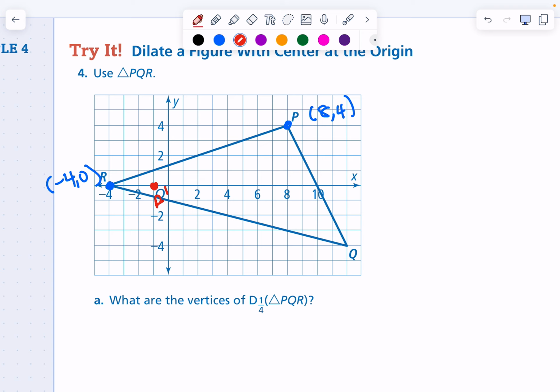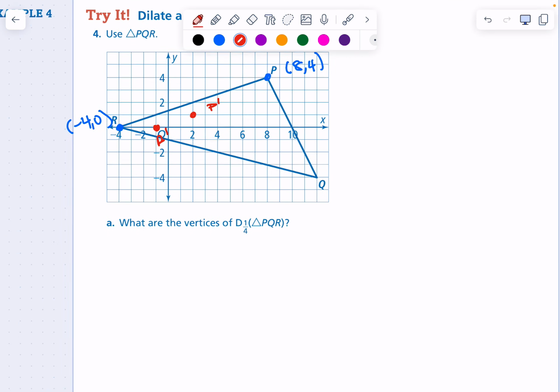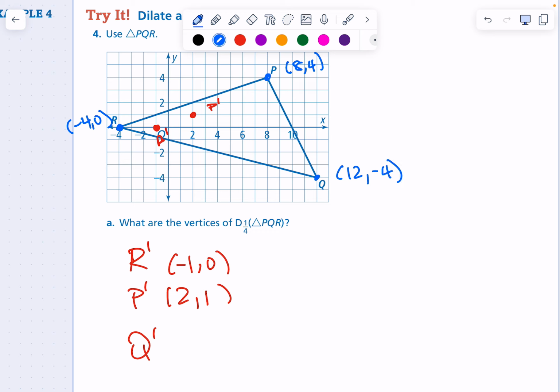Where's P prime going to be? 2, 1. Okay. And Q is, what is that? 12, -4. So it's going to become what? 3, -1.